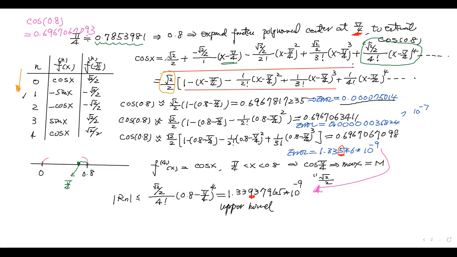All right, so that's it. And I hope for these 2 videos, you will get the idea of what polynomial I need to use, where I center. All right, you can center it at 0, or you can center it at other places here. It depends on what value you want to find. If you are centered at the value you want to find closely, then the convergence will be a lot faster.